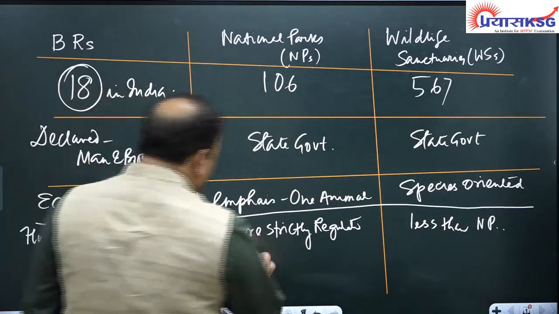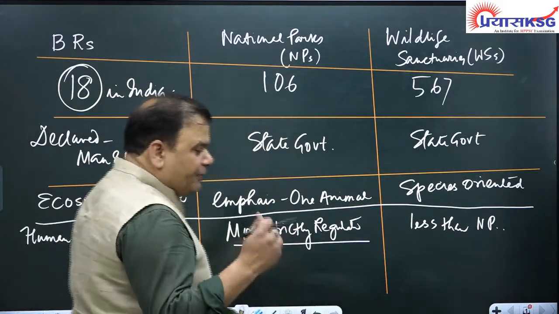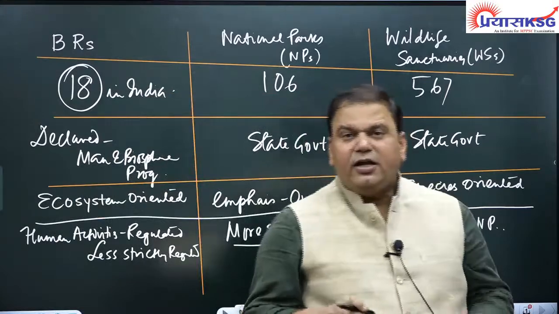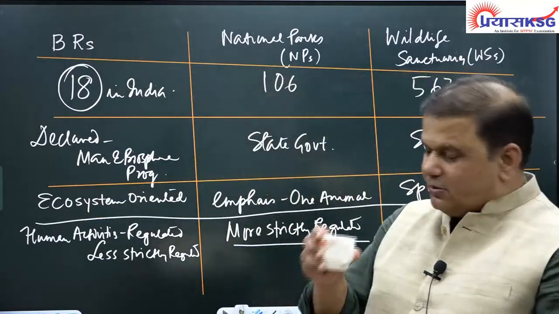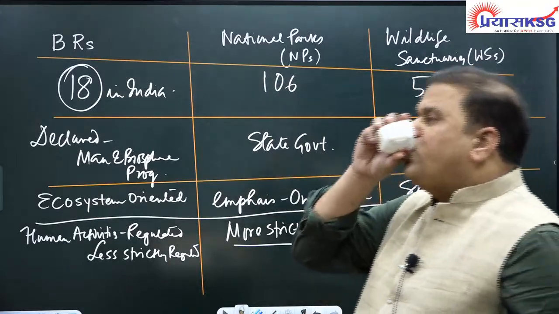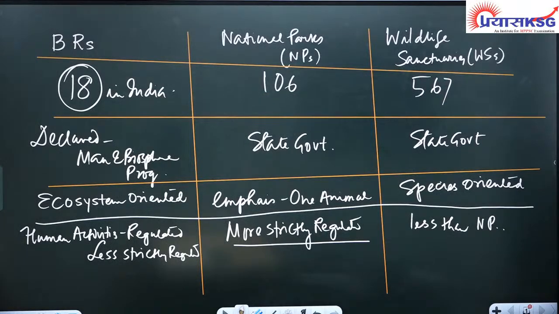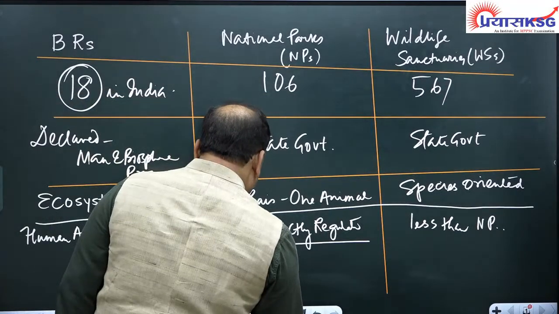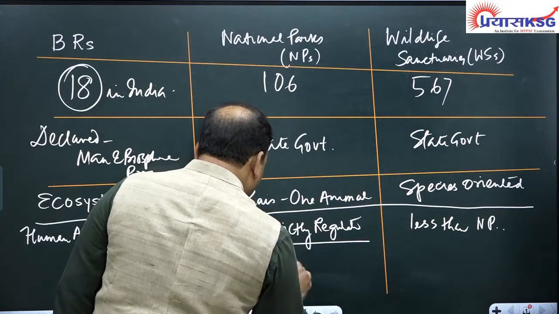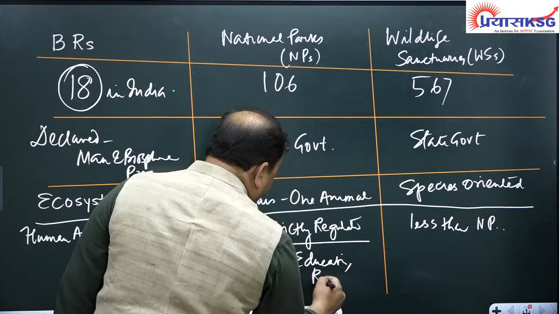अब यहाँ पर मोर स्ट्रिक्टली रेगुलेटेड का मतलब क्या है कि यहाँ पर हंटिंग भी नहीं होगा, यहाँ पर ग्रेजिंग भी नहीं हो सकता है, हार्वेस्टिंग भी नहीं हो सकता है. तो नेशनल पार्क को हम लोग किस चीज़ के लिए अलाउ करेंगे? National park can be allowed for what? It can be allowed for tourism, education, research.